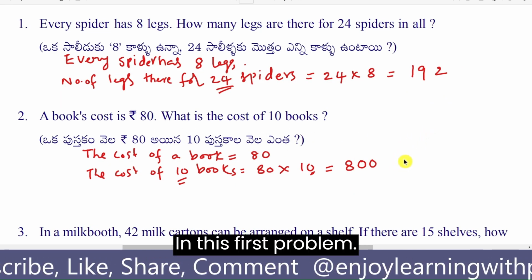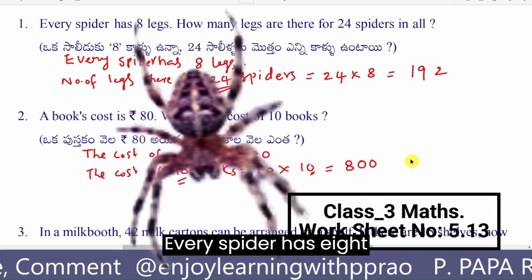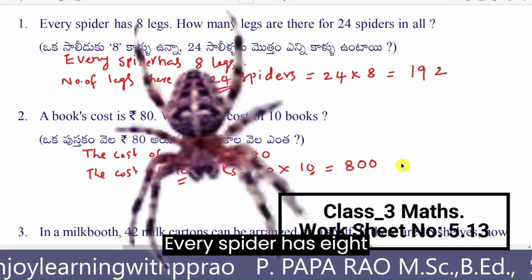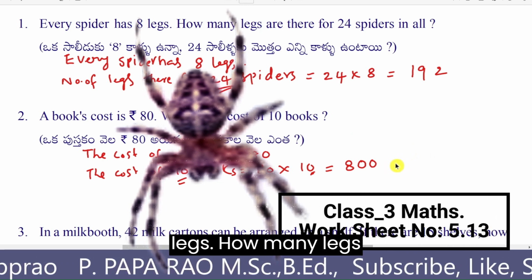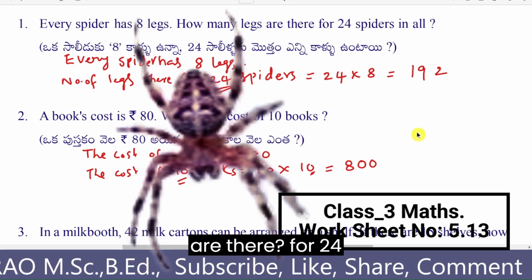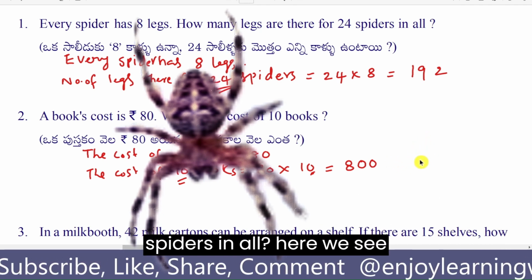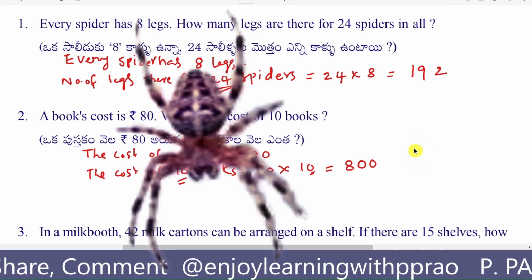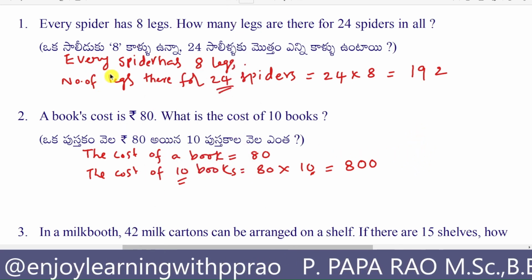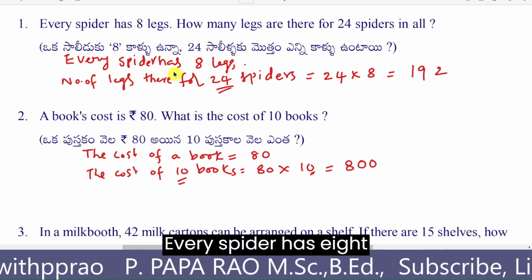In this first problem, every spider has 8 legs. How many legs are there for 24 spiders in all? Every spider has 8 legs.